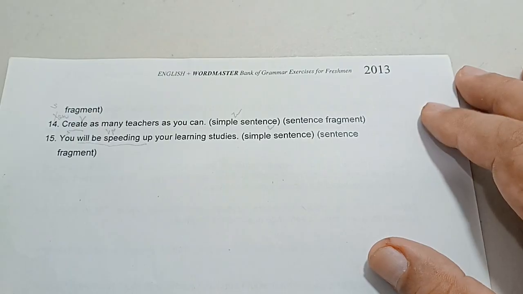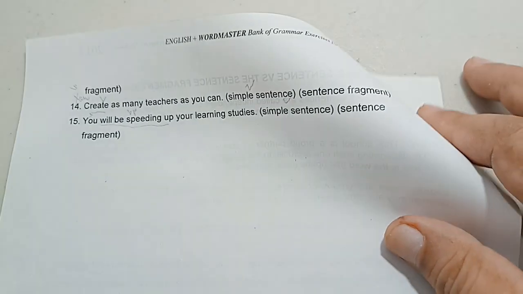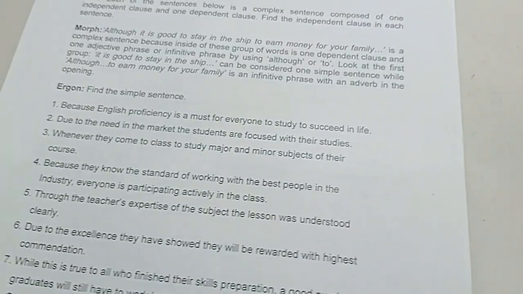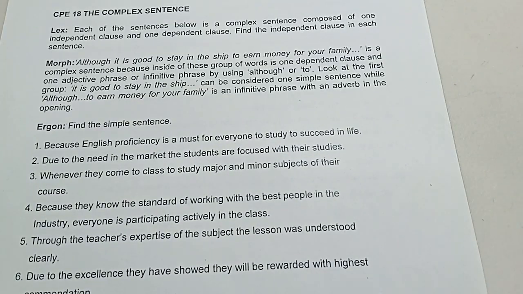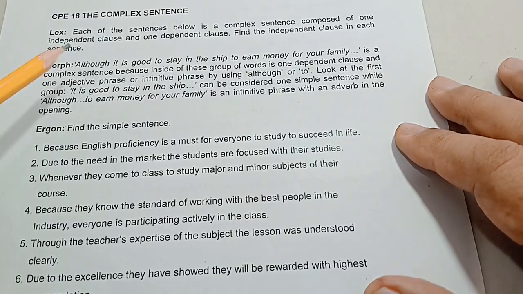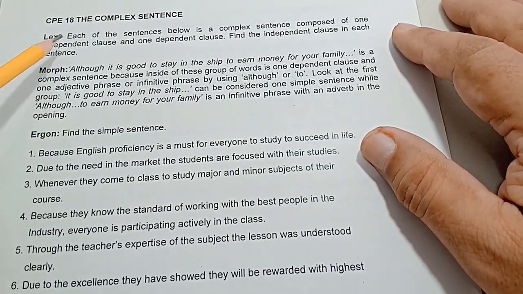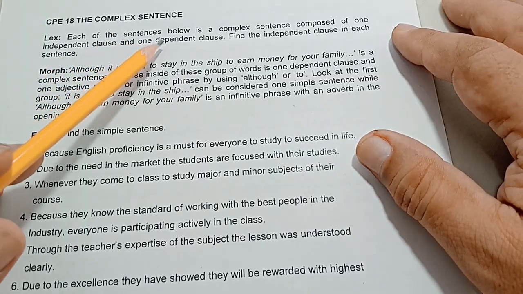Alright, very good. Now, for the last lesson, we shall be looking at the complex sentence. What is the complex sentence? What is this one? It says, each of the sentences below is a complex sentence, composed of one independent clause and one dependent clause.